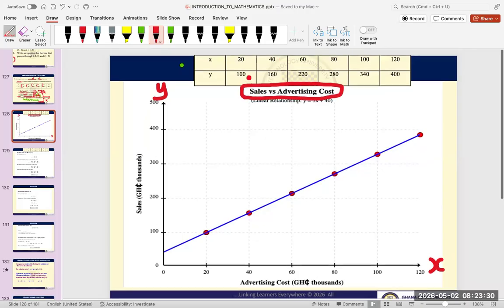So first plot, when x is 20, y is 100. And that's the first point you are seeing here. Second point, when x is 40, y is 160.